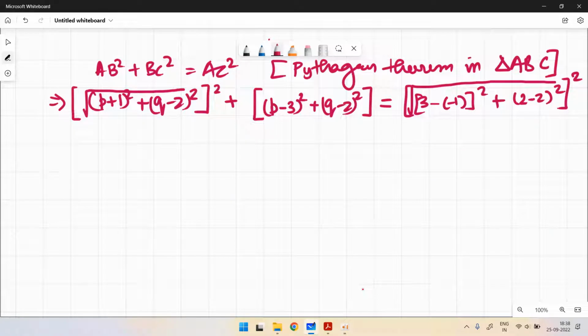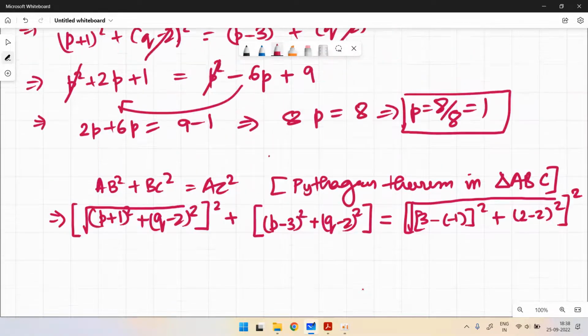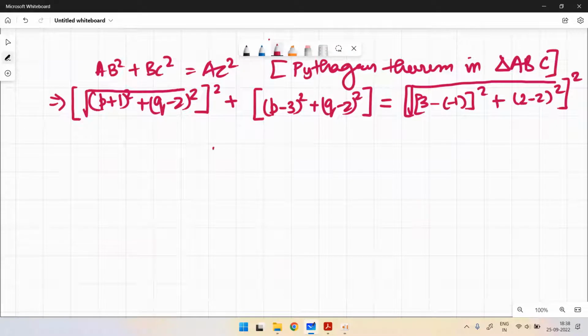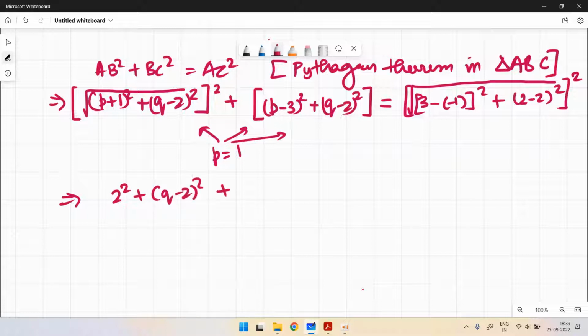And you also know from the previous result that the value of P is 1. So P equal to 1, I'm putting it here in all three. The square and root get cancelled, this is 2 square plus (Q minus 2) square plus (1 minus 3) square plus (Q minus 2) square, and (2 minus 2) square is ultimately 2 square only.